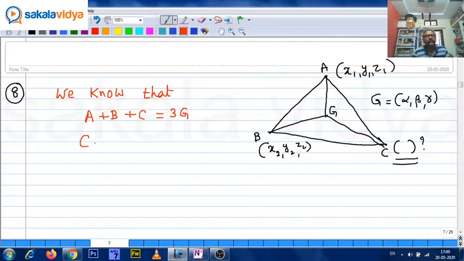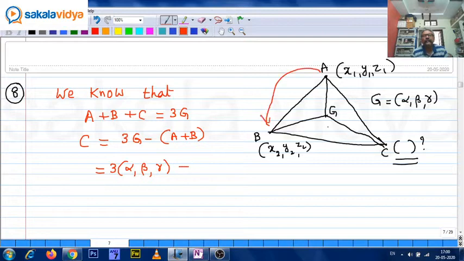Now C, the third vertex, is equal to 3G minus (A plus B). So that means 3 times the centroid, that is 3 times (alpha, beta, gamma), minus the sum of these two vertices. It works just like vector components.